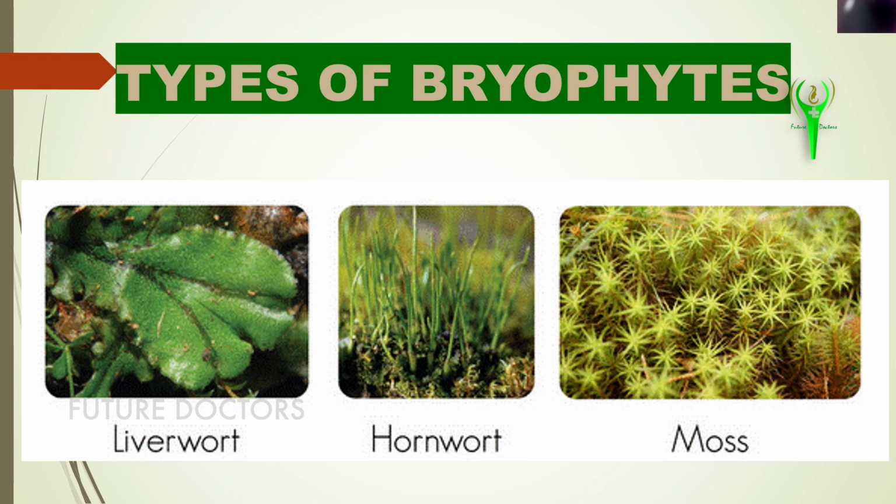And the next type is mosses. They grow in dense mats over moist shady places, especially during rainy seasons. Some mosses grow in deserts, bogs and streams. The predominant stage of the life cycle of mosses is the gametophyte, which consists of two stages. The first is the protonema stage, which develops directly from a spore.